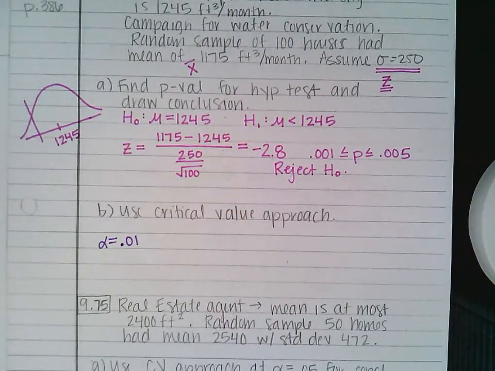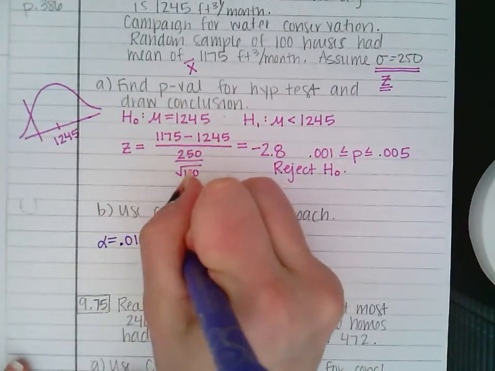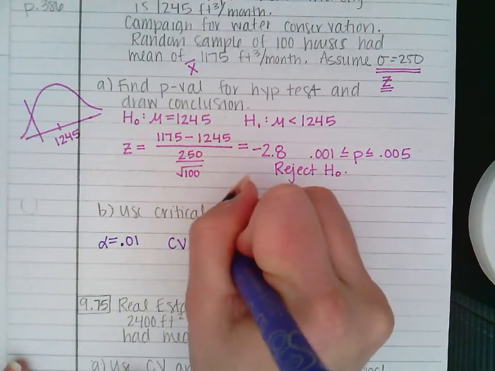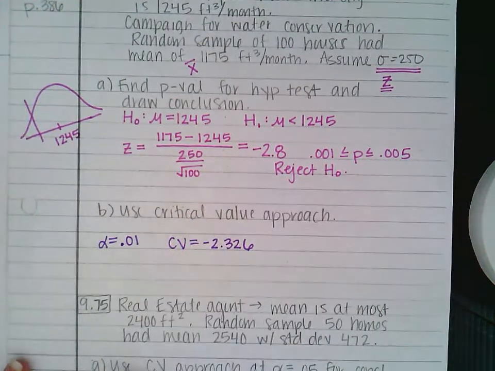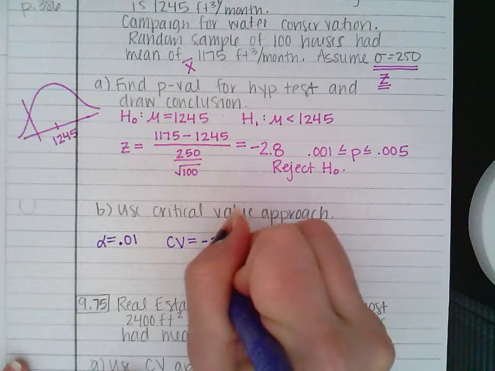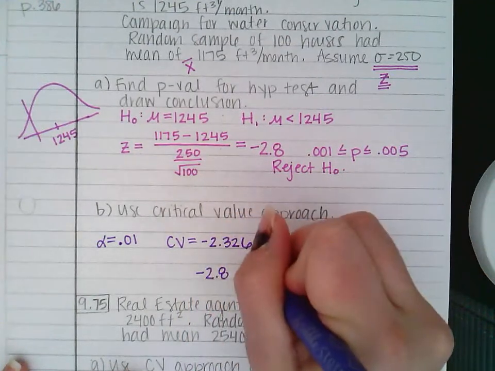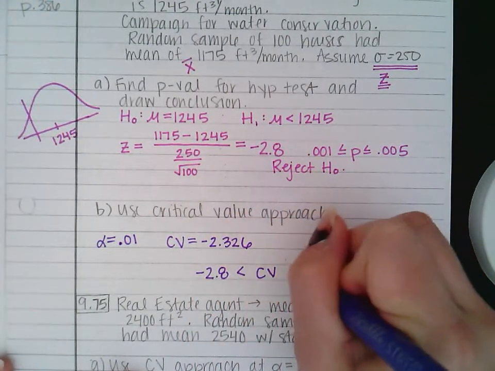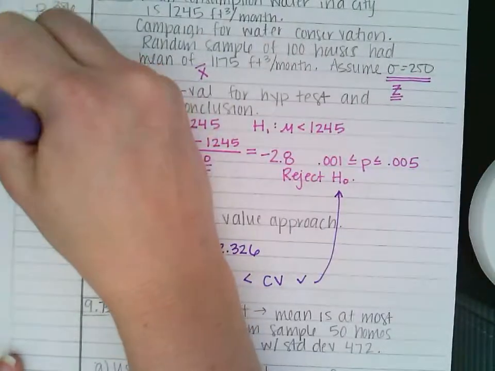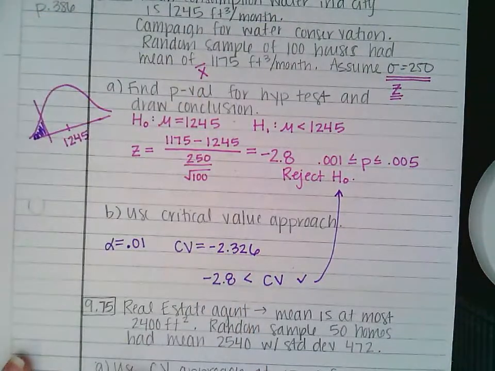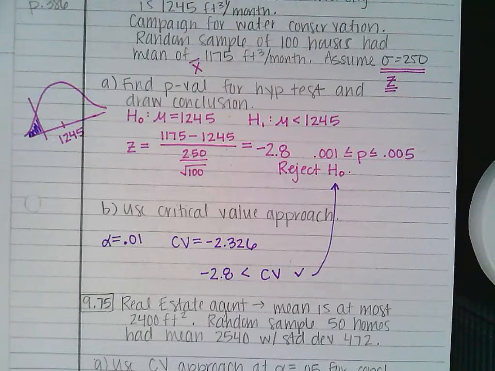If I look under alpha of 0.01, on the right-hand side that would be 2.326, which means on the left-hand side that would be negative 2.326. Negative 2.8 is smaller than that critical value, so I would be in that rejection region, and so yes, I would reject H0.